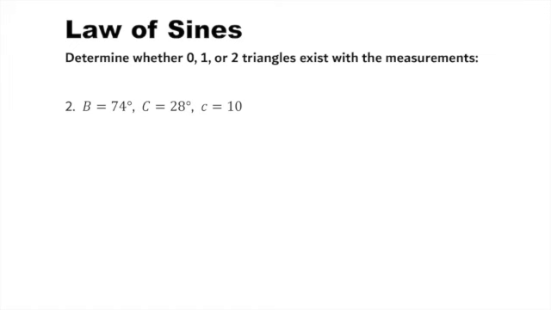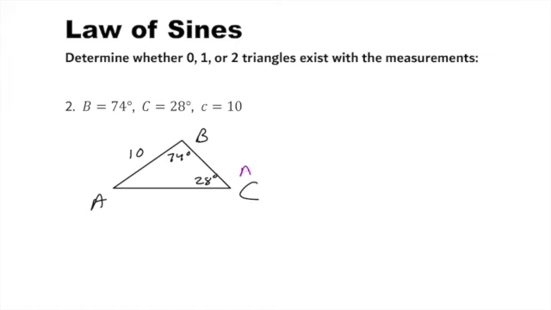So let's see, what are we given here? We're given angle B is 74 degrees, angle C is 28 degrees, and side C is 10. And you are given two angles, and it doesn't even really matter which side you're given, except unless you're doing some kind of geometry proof.